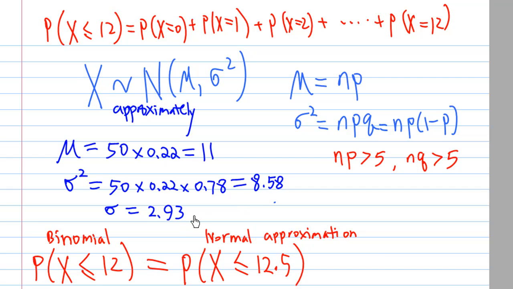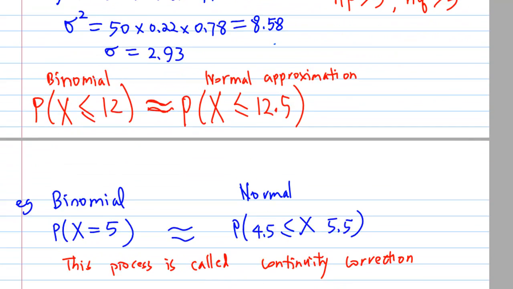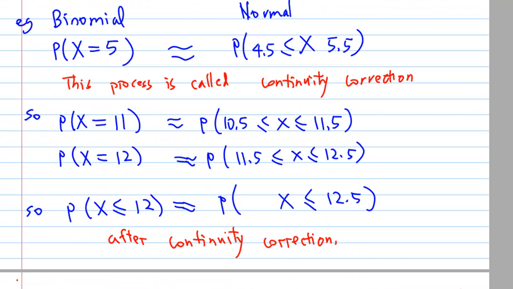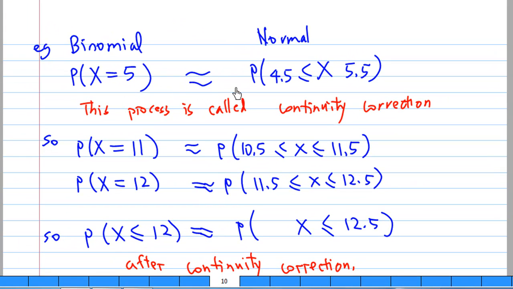Now when you do the approximation, we have to make an adjustment. So the probability of the binomial random variable less than or equal to 12 is approximately equal to the probability of the normal random variable x less than or equal to 12.5. This process is called continuity correction. For example, for a binomial variable, the probability of x equal to 5 is approximately equal to the probability of x between 4.5 and 5.5.